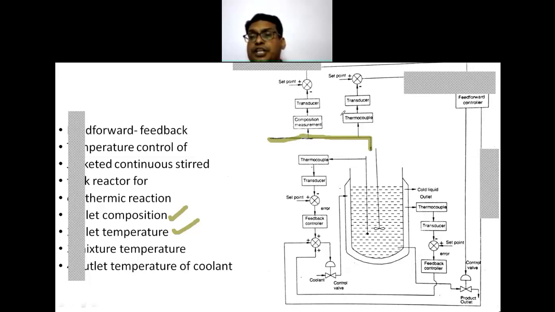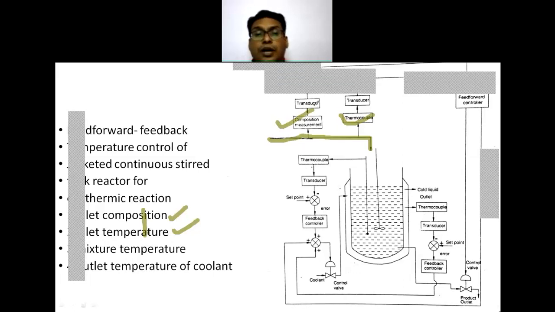So these two process fluid parameters, inlet temperature and inlet composition, are there in this jacketed continuous stir tank reactor system.